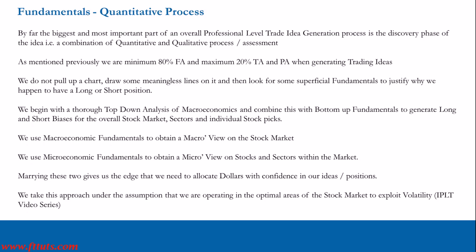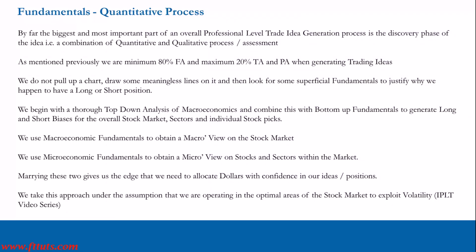When we put these two things together, when we marry the two, it gives us an edge in that we allocate dollars with confidence in our ideas and our positions. We take this approach under the assumption that we are operating, of course, in the optimal areas of the stock market to exploit volatility.